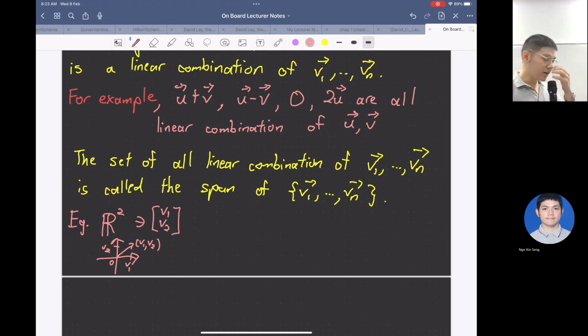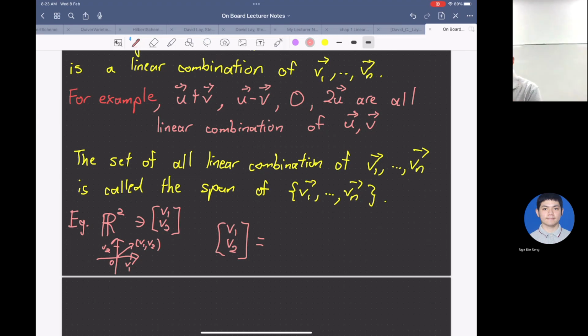So the claim is that every vector in R2 is a linear combination of 2 vectors. Can you guess what the 2 are? Maybe the obvious ones.